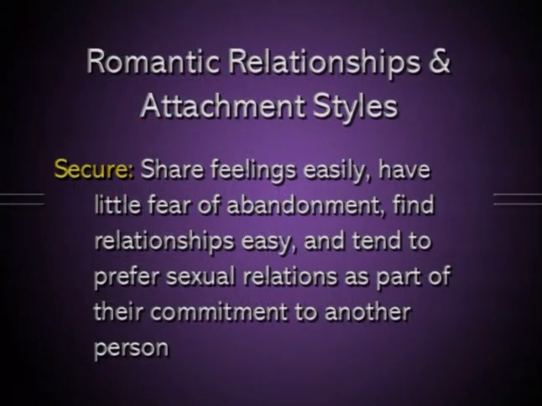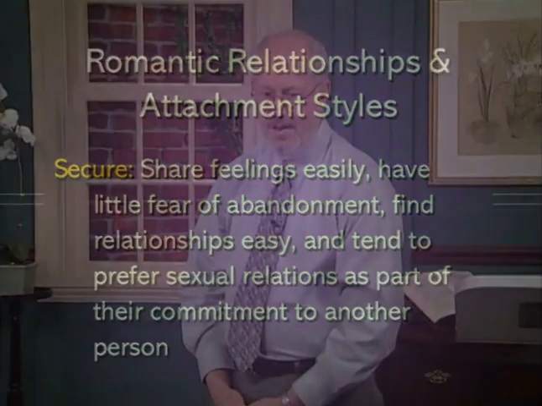These people share feelings easily. They have little fear of abandonment. They find relationships easy. This is what Shaver and Lozano found in interviewing people who agree with these statements: they tend to prefer sexual relations as part of their commitment to another person. They like sex, but they like it in committed relationships.